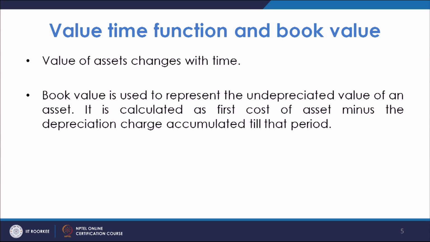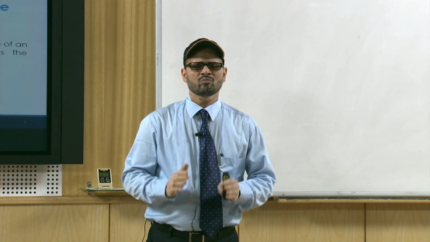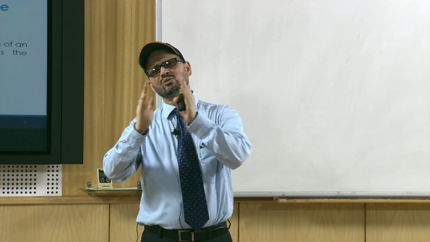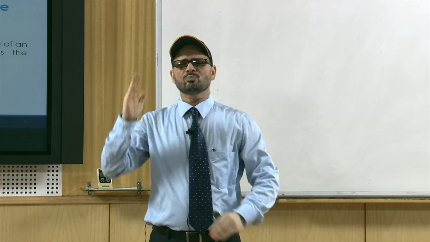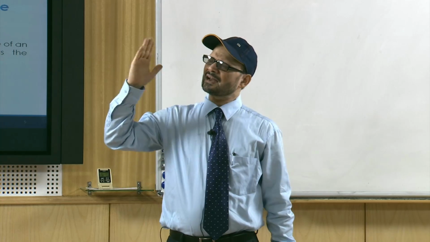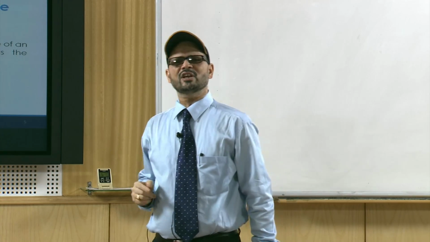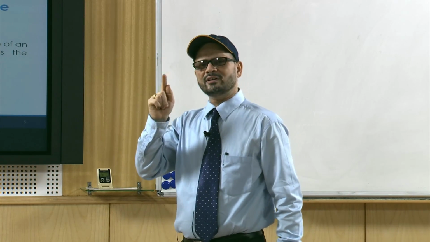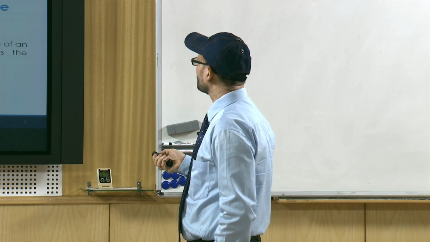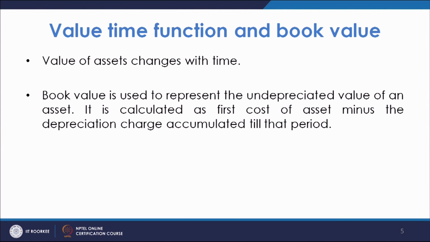Book value is used to represent the undepreciated value of an asset. It is the value which you have now, and depreciation will be charged every year. So book value is the value of the asset at any particular time. At any time t, Bt represents the book value at the end of year t. It is calculated as the first cost of the asset minus the depreciation charge accumulated till that period.